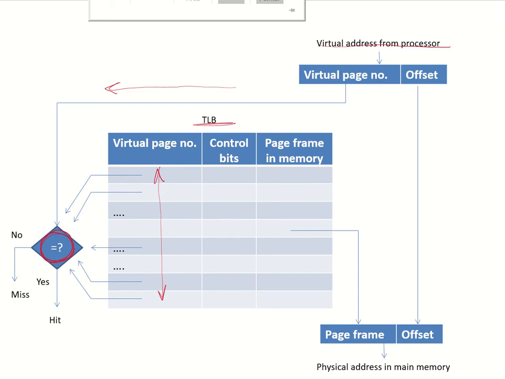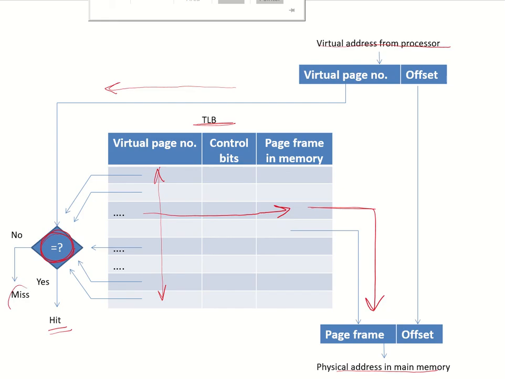If it is available in the TLB, that means it is a hit, and that particular entry will be checked and the page frame will be used to compute the physical address. Then no access will be required for the page table in the main memory because this page frame information was available in the TLB. Now the physical address will be generated by the MMU only.